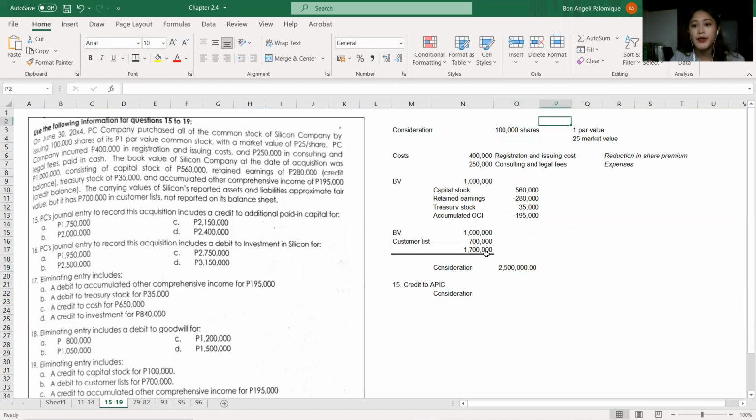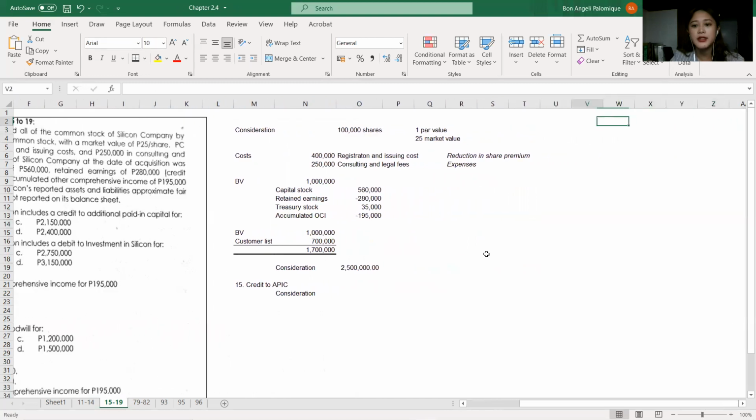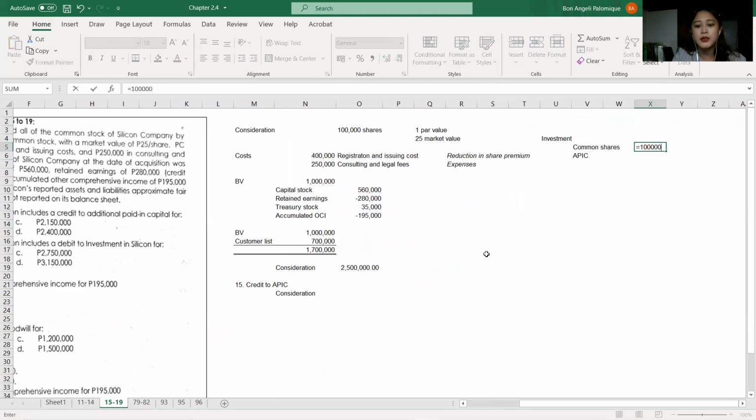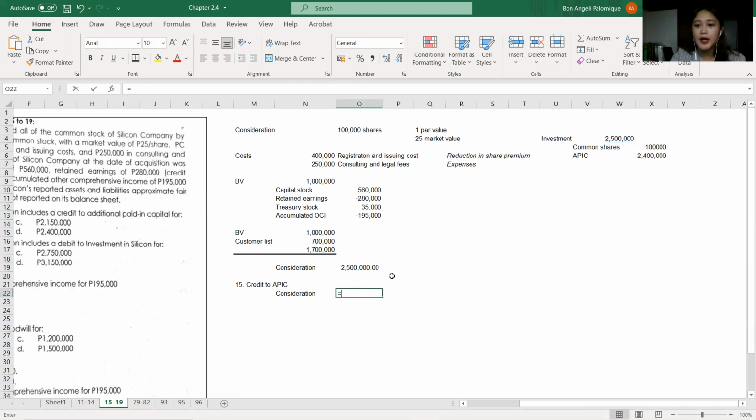Kasi kung mapapansin nyo, ang entry natin for this is debit investment, credit common shares, and credit to APIC. So, yung investment niya na 2,500,000, yung 100,000 times 1, yun lang yung papasok sa par. Tapos yung 100,000 times 24, papasok siya sa APIC. So, ang ating APIC coming from this consideration is 2.4 million.